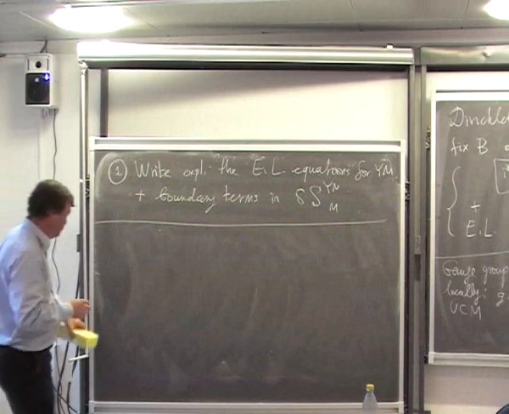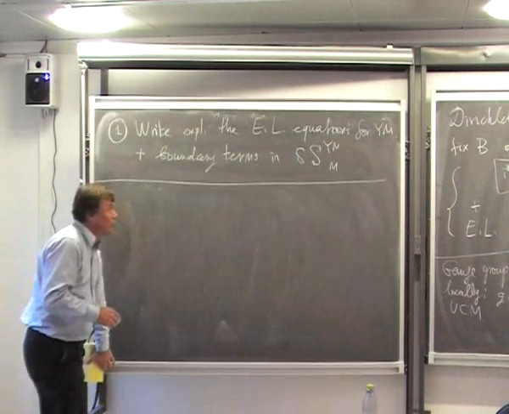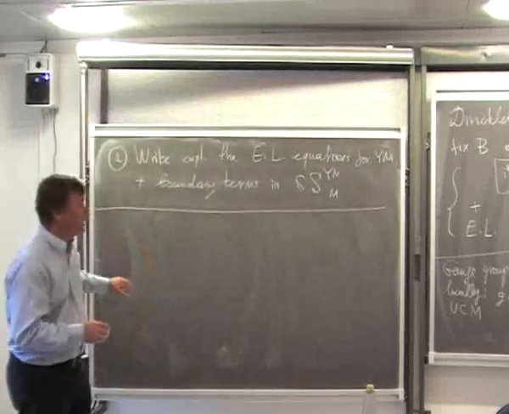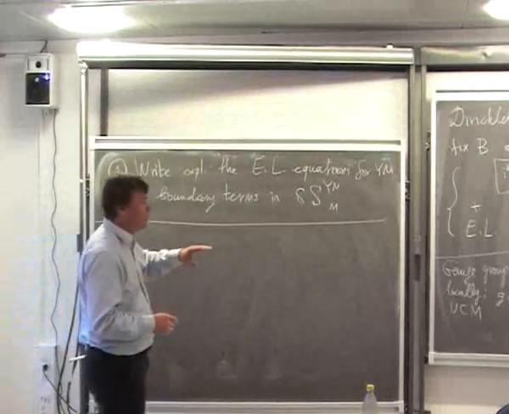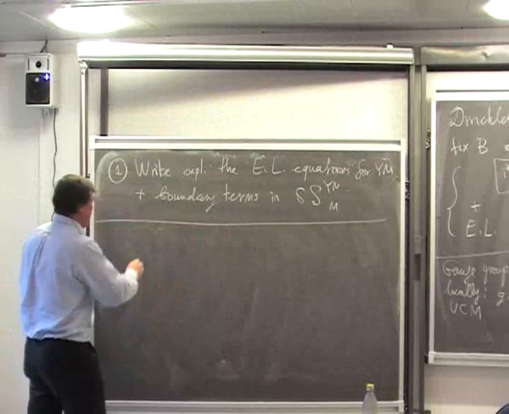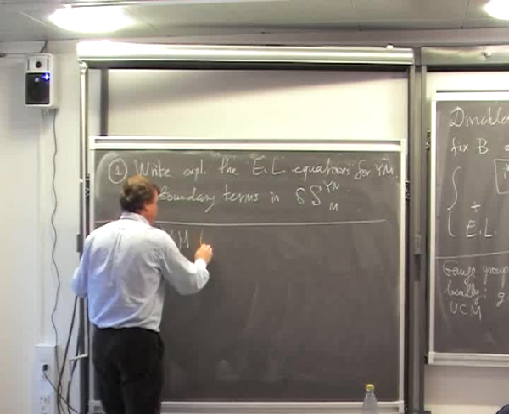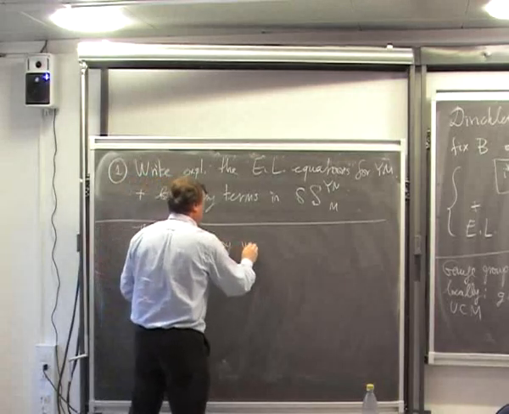Well, I didn't plan to say this, but somehow now I feel that it's better to say something about not necessarily pure Yang-Mills theory. So let's say the Yang-Mills theory with matter fields.